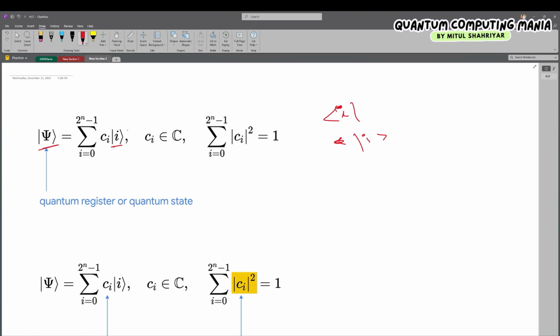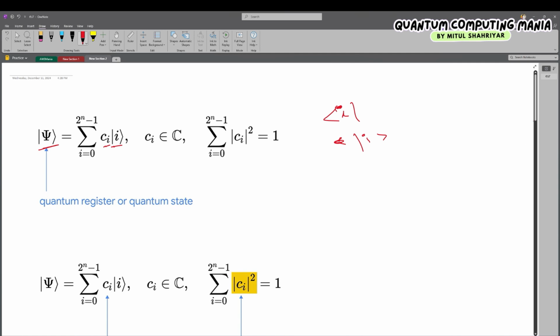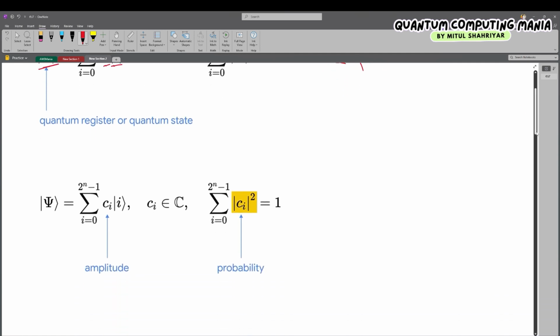Now, this is basically our quantum state, the values or combinations we have in |i⟩, and c_i is the amplitude. Here you can see c_i is part of a complex number. From that we get the probability, which is the modulus square.